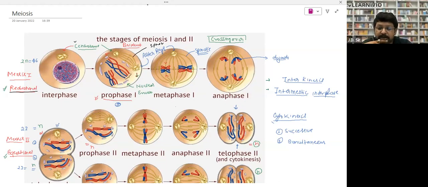Can you see, Martin? Is it visible to you? Yes, sir. They are a mix of blue and red. That is called crossing over. They have exchanged some fragments of each other, and exchanging fragments is called crossing over. So in meiosis first, crossing over takes place, while in mitosis crossing over does not take place. That is the second difference. Is that clear, Martin?